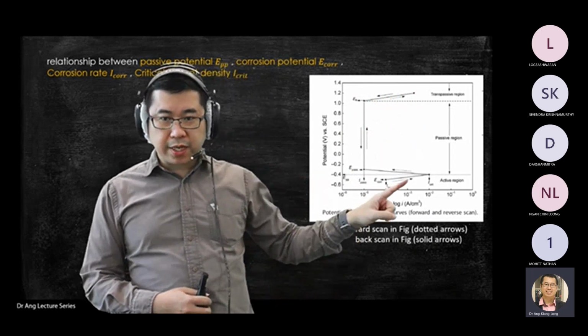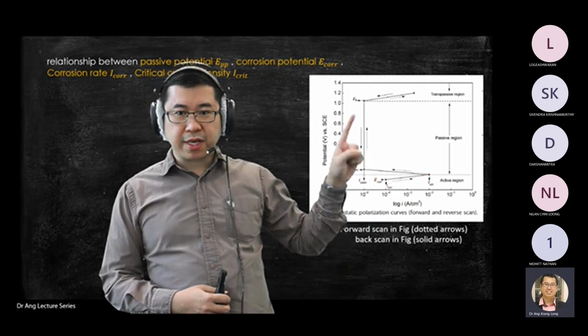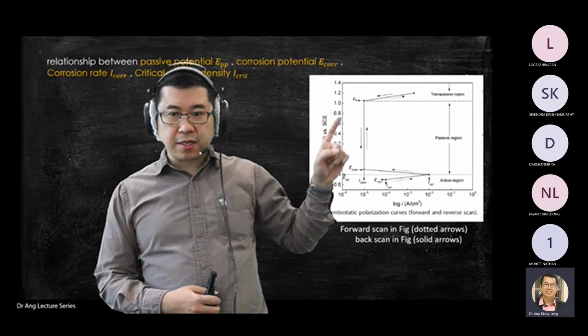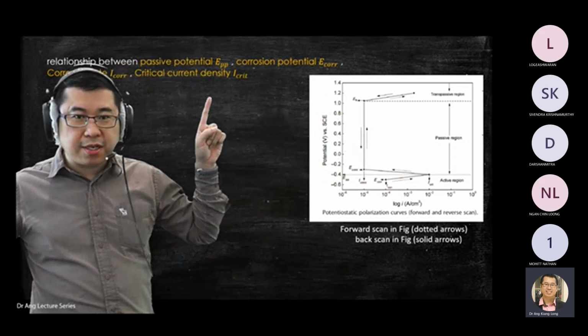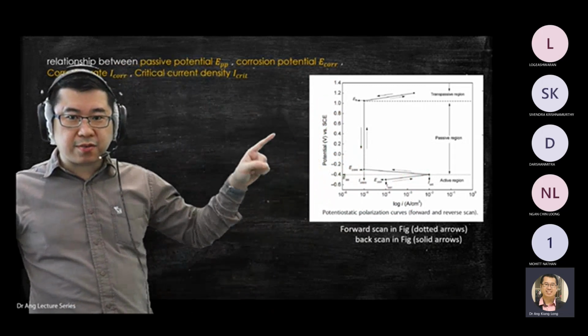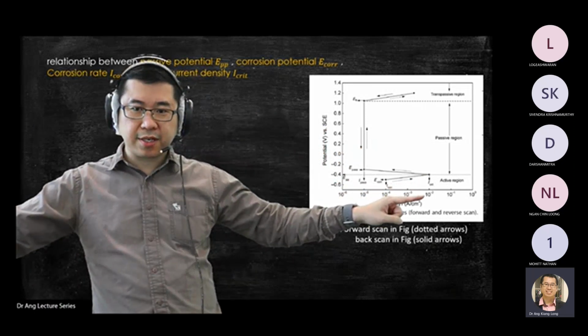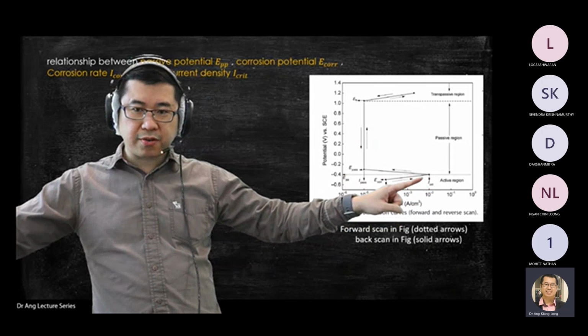This critical point gives you the critical current density. If you project this point down to the current axis, you get I critical.